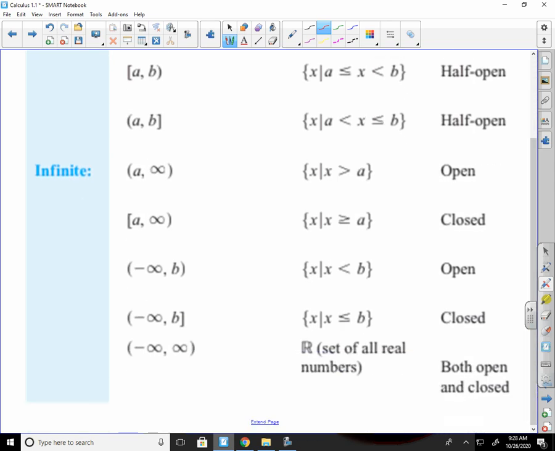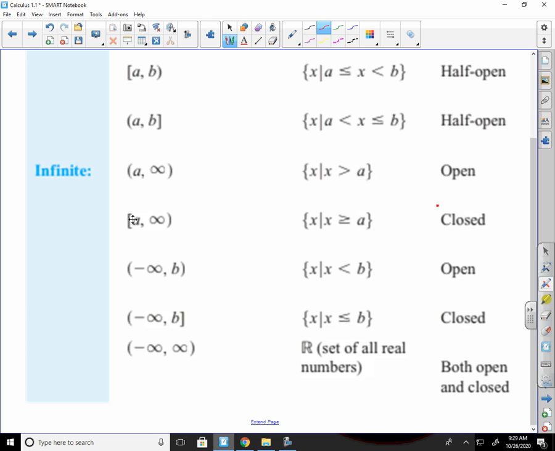For infinite, it would be open if it's parentheses on both sides. Specifically, you would see open if x is greater than a number. And it's going to be starting at a and going to infinity because it's all the numbers that are bigger than this number.